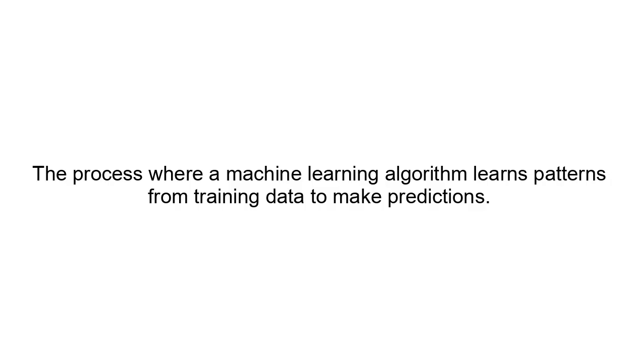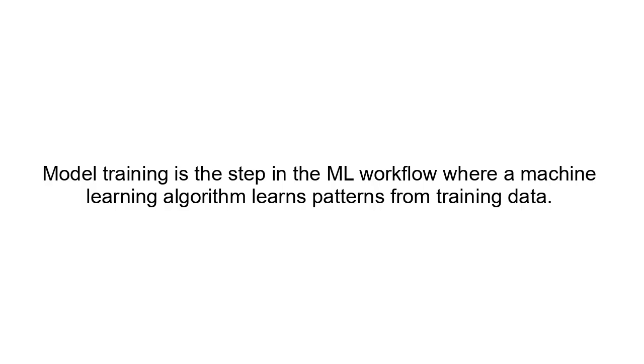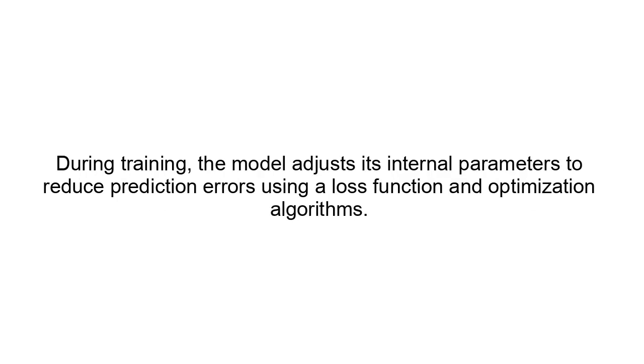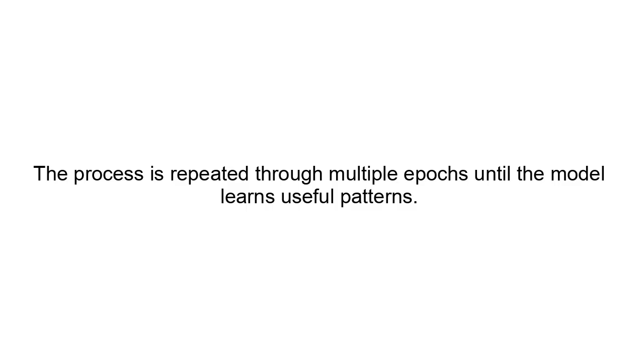Simple definition. Model training: the process where a machine learning algorithm learns patterns from training data to make predictions. Final summary. Model training is the step in the ML workflow where a machine learning algorithm learns patterns from training data. During training, the model adjusts its internal parameters to reduce prediction errors using a loss function and optimization algorithms.